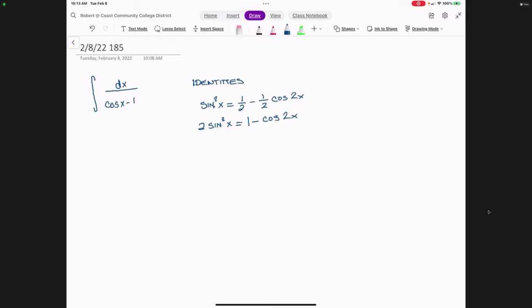So that means that cosine of 2x minus 1 equals negative 2 sine squared x. So that means that the cosine of x minus 1 is equal to negative 2 sine squared of x over 2.